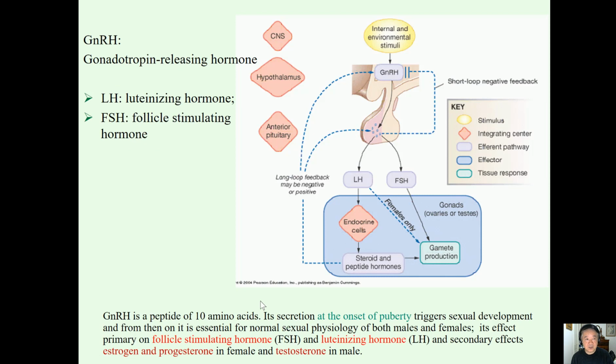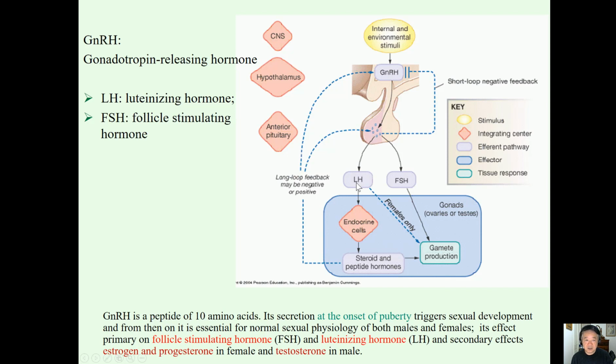The third pathway is to regulate the sexual hormone. Starting from here, the hypothalamus will produce a gonadotropin releasing hormone. This releasing hormone in the hypothalamus is secreted into the portal venous system to the anterior pituitary gland. From there, it will produce two hormones.